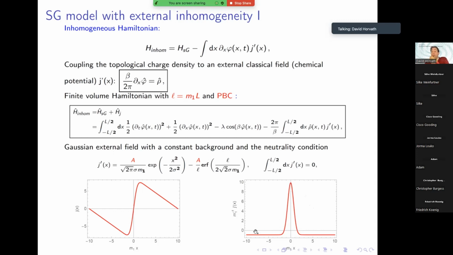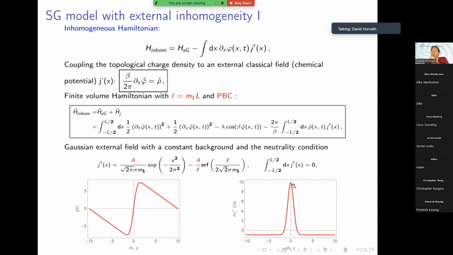This Gaussian also has an offset value, and the offset value is chosen in such a way that the total integral of this external field is 0. We made this choice for the following reasons. You can show that even with this inhomogeneity, the topological charge is a conserved quantity.